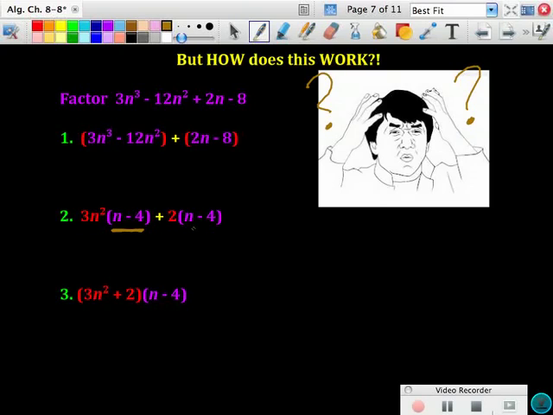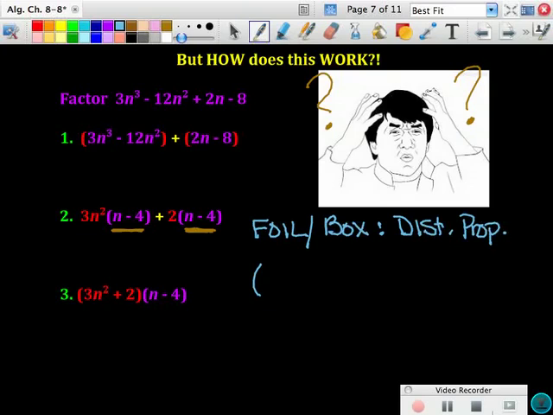We all know that the FOIL and box method is really just a fancy distributive property. It's just fancy, it's still distributive. If we were to start with our 3n squared plus 2, and then multiply that by n minus 4, if we use the FOIL or the box method, here's what we're actually doing: taking this 3n squared and making sure that it gets multiplied by both terms in the second set of parentheses.